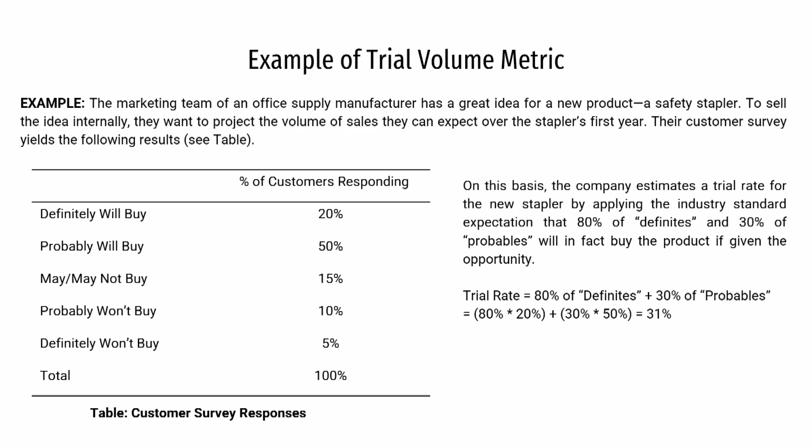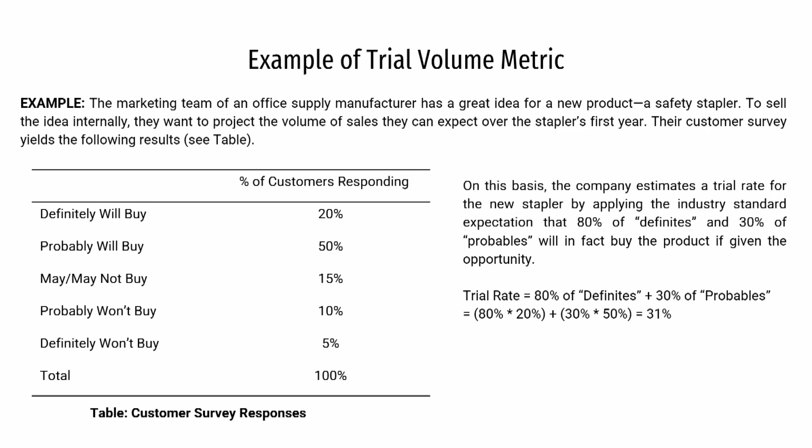So, we will only consider the top two tiers, definitely will buy and probably will buy, and we are pretty sure that conversion from the definitely category will be higher than from the probably category. On this basis, the company estimates a trial rate for the new stapler by applying the industry standard expectation that 80% of definites and 30% of probables will in fact buy the product.